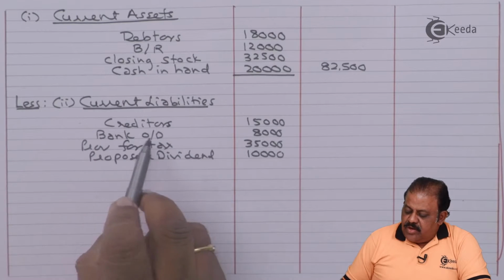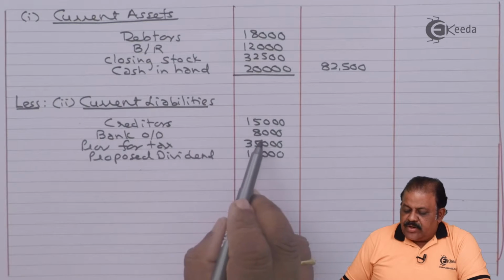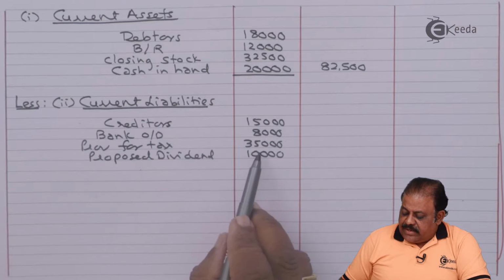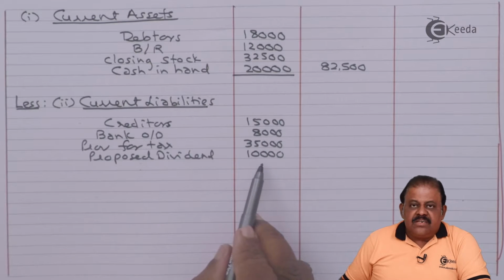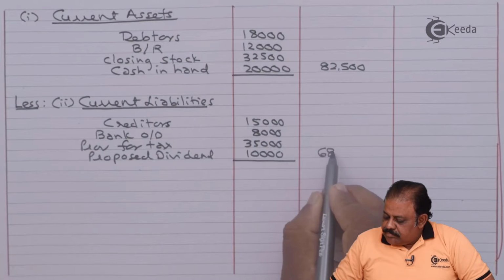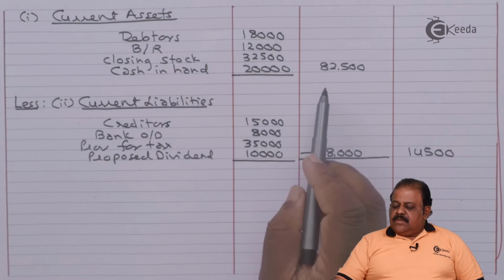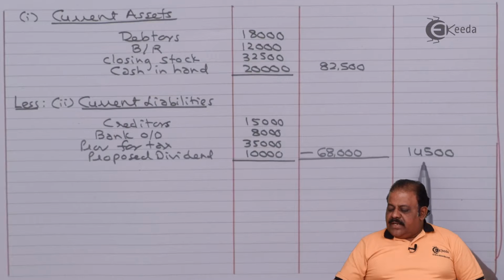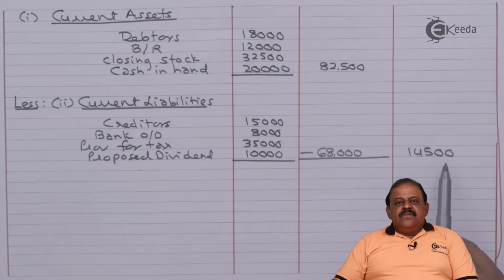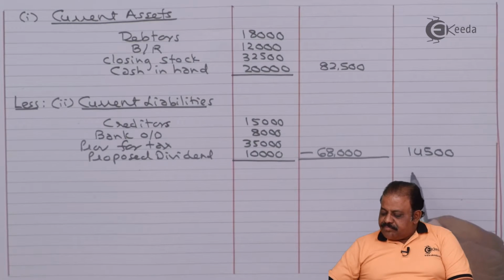In current liabilities, we have creditors 15,000, bank overdraft 8,000, provision for tax 35,000, proposed dividend 10,000. Current assets minus current liabilities, we are getting 14,500 as working capital.